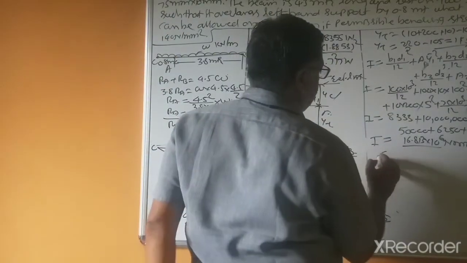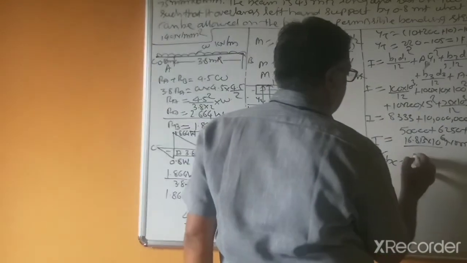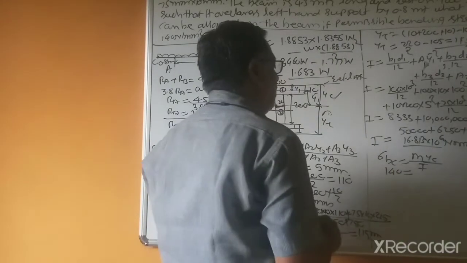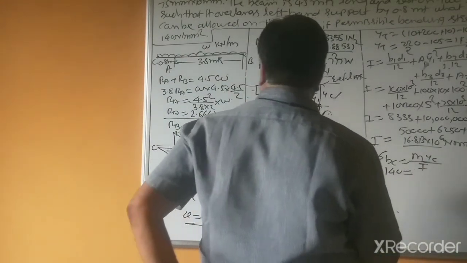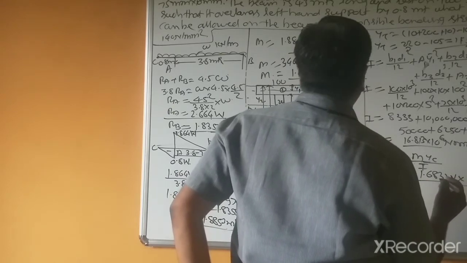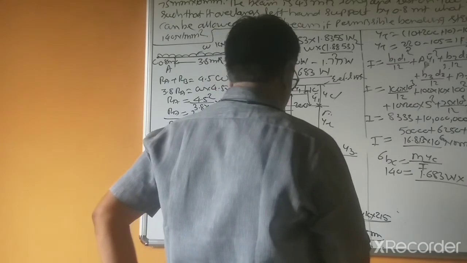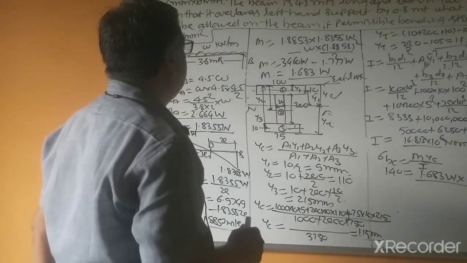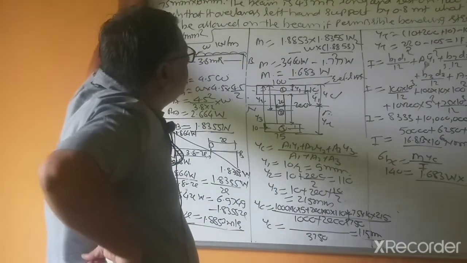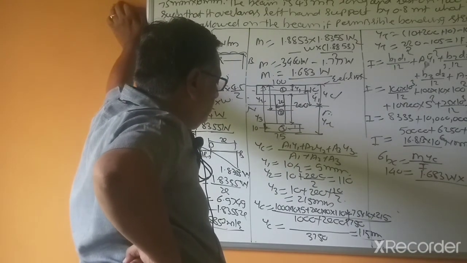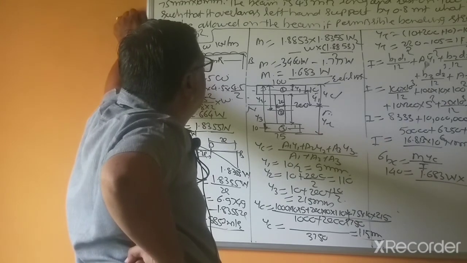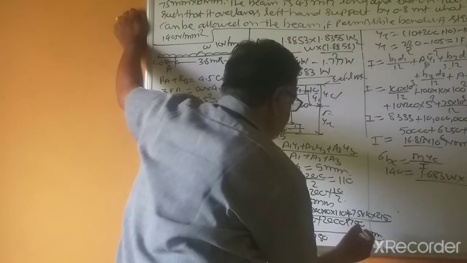So sigma bc equal to, because the moment is the same, multiplied by yc, and this is 140 into m equal to 16.813 W, yc equal to... Oh, yc is lesser, I think. So this is yc equal to 105.